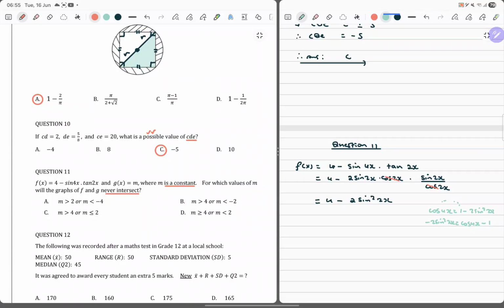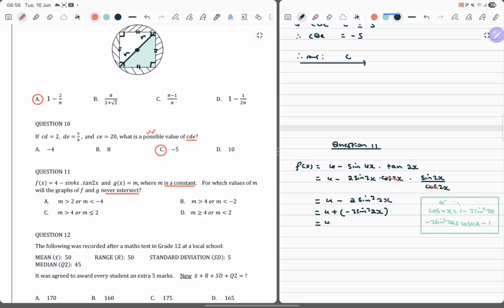Please guys, be capable of playing a long game sometimes. Now this implies that we can say this is 4 plus minus 2 sine squared 2x. The skill of simplification, guys, will horrify you if you don't know how to play with the signs.